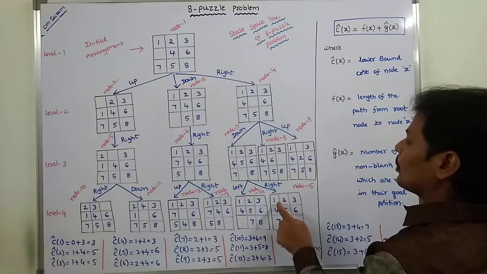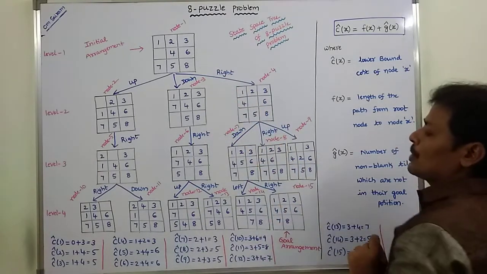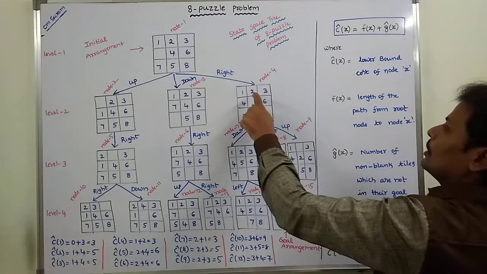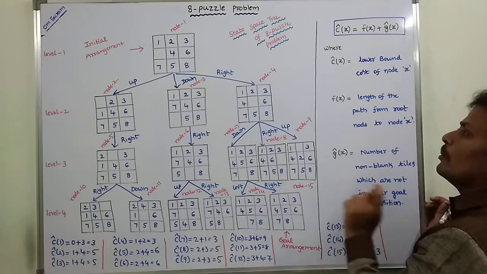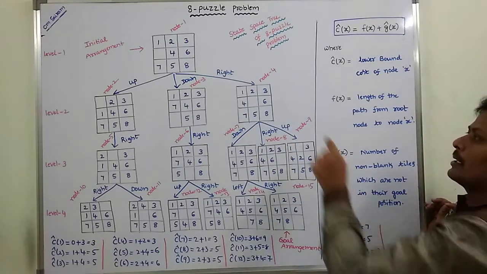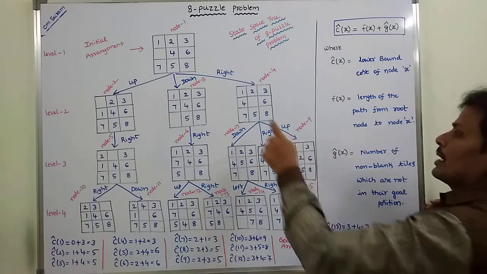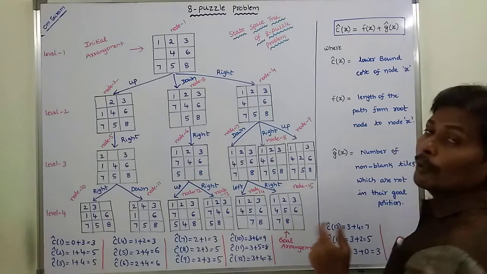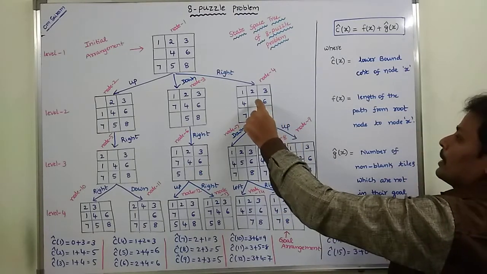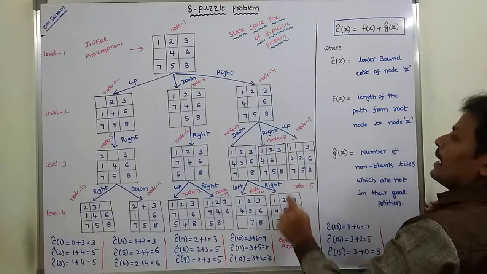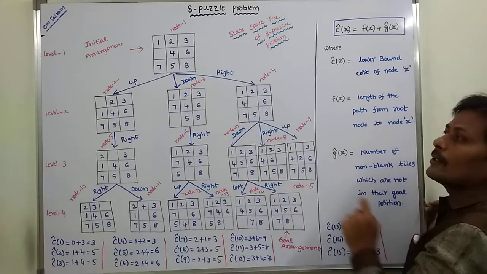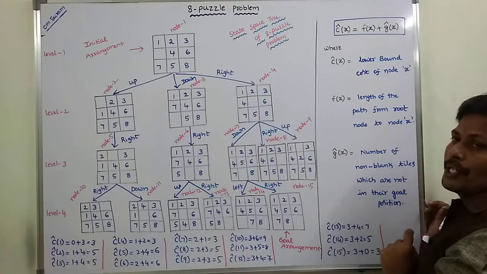One is compared to one, both are in the correct position. 2 is compared with 2, both are in the correct position. 3 is compared with 3, both are in the correct position. 4 is compared with 4, both are in the correct position. Here the fifth tile is there, here the fifth is not there. So this is the wrong position.